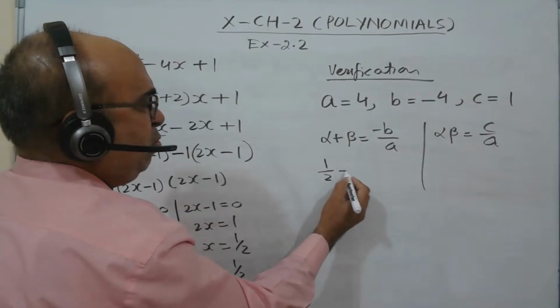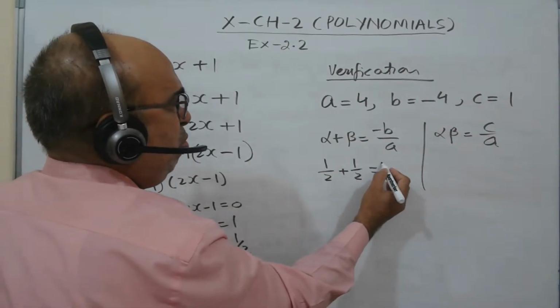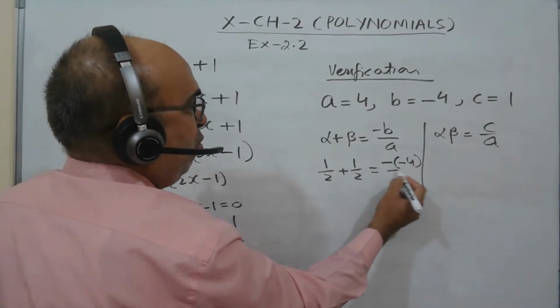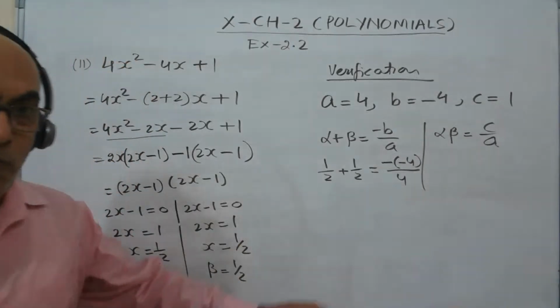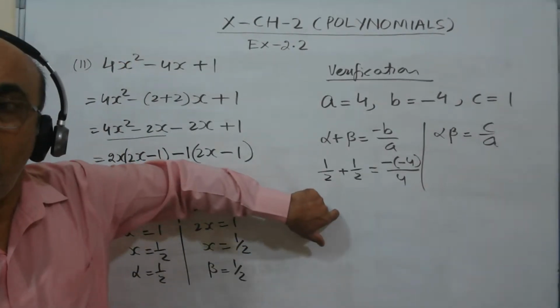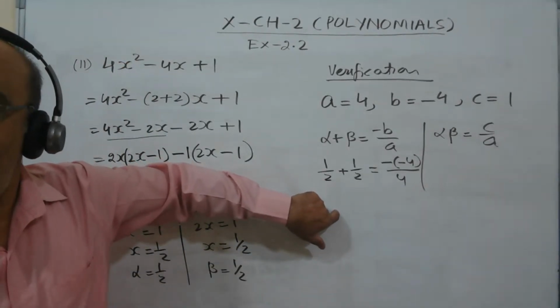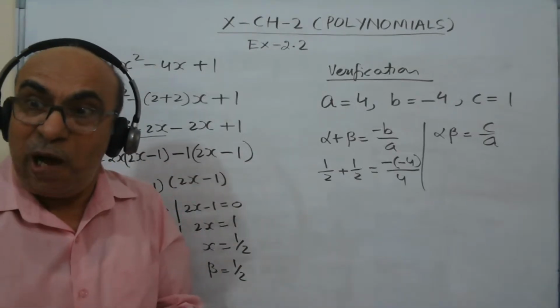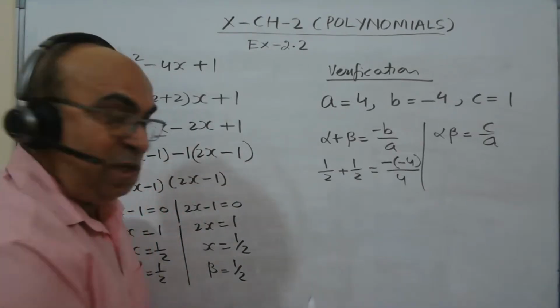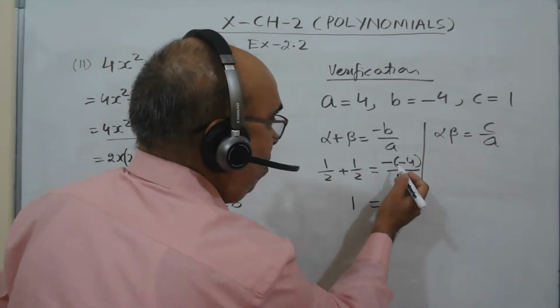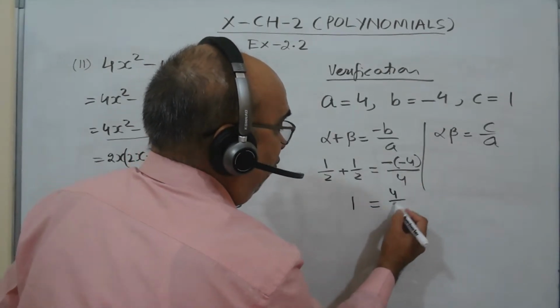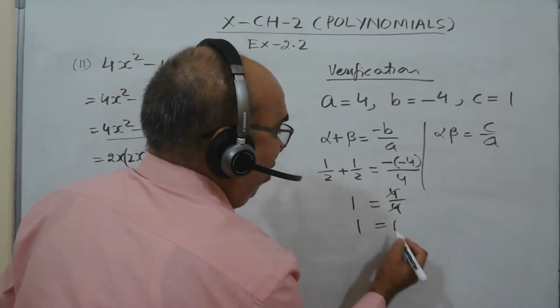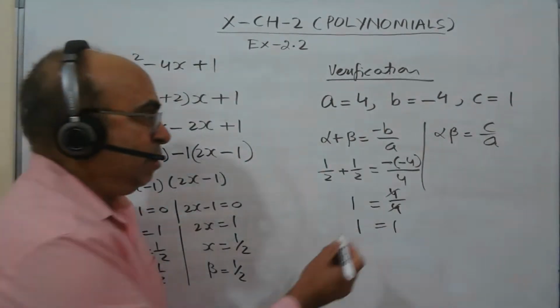Alpha is 1 by 2, beta is 1 by 2, minus minus 4 by 4. Now look, half plus half is 1. It is very simple, it is 1. Plus 4 by 4, 1 equal to 1, verified.